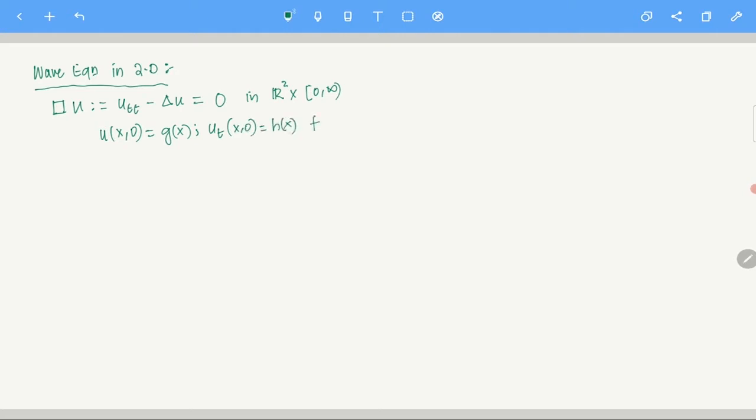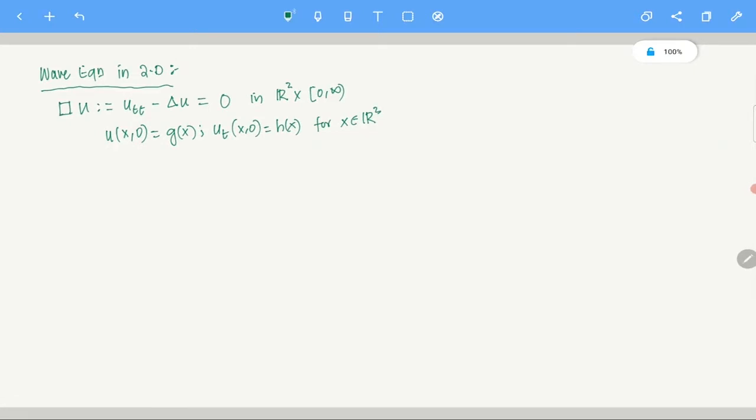This is for x in R2, and t equals 0, that is given to you. So u and u_t are given like this, and u satisfies the wave equation in the interior of the domain.